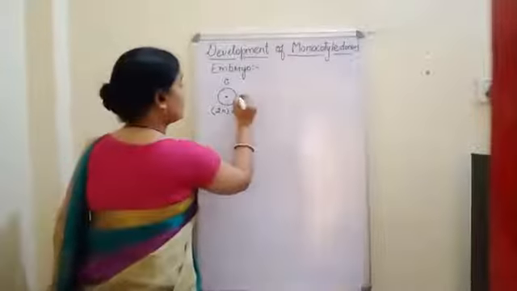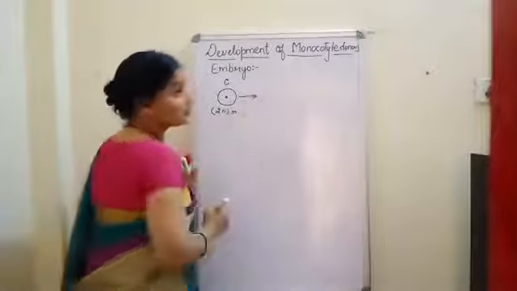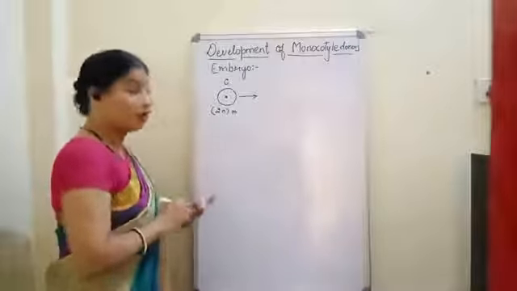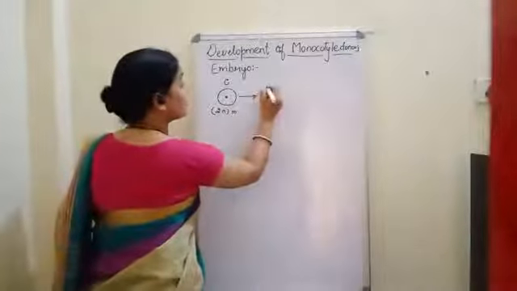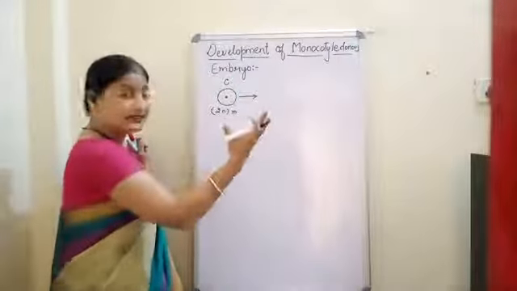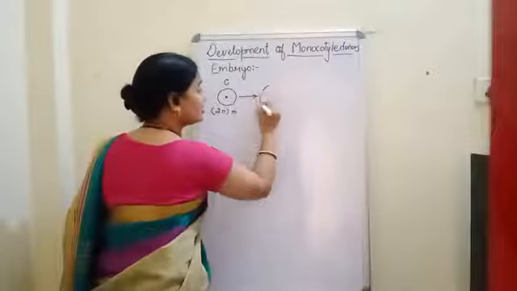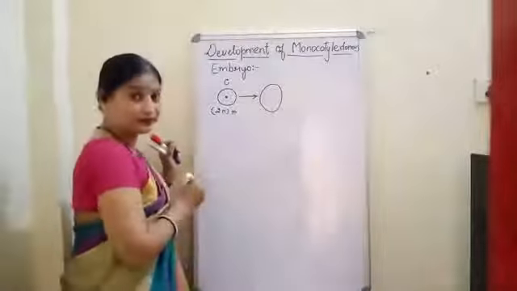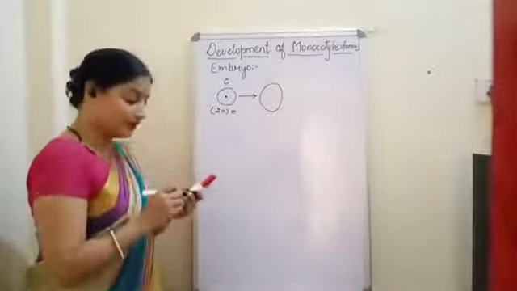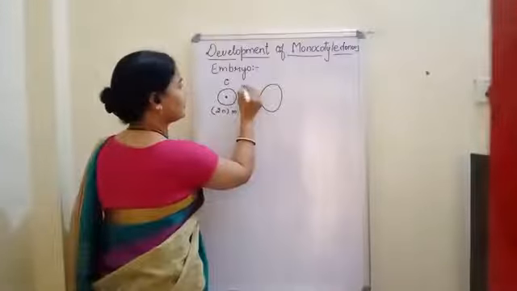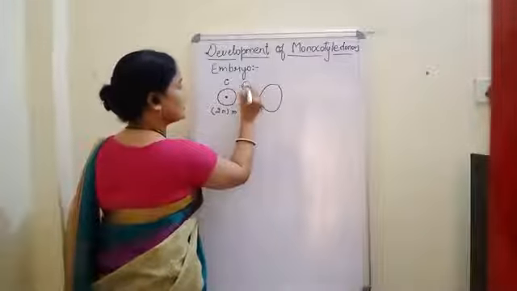Now, in case of dicot, it was divided into two. But in case of monocot, there will be three divisions. The zygote will enlarge in size and then it will divide into three transverse divisions. At first, the first division will occur. I am drawing it here in very small size like this.